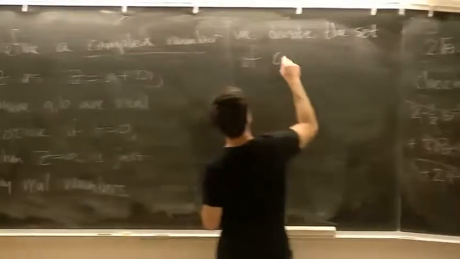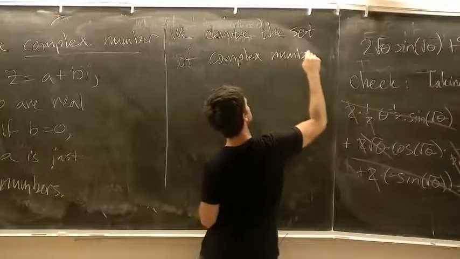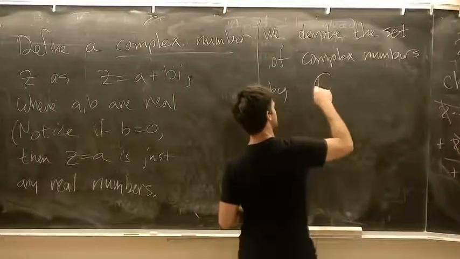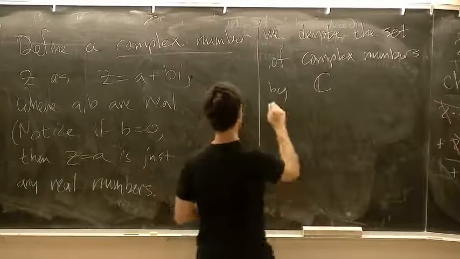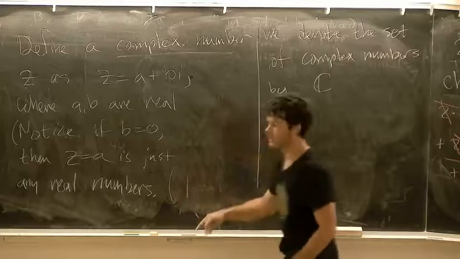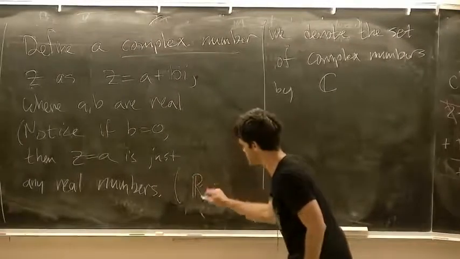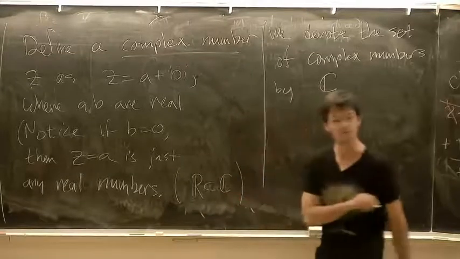We denote the set of complex numbers by a big C, a blackboard bold C. So the previous remark could be interpreted as saying, set theoretically, that the set of real numbers is contained in the set of complex numbers.